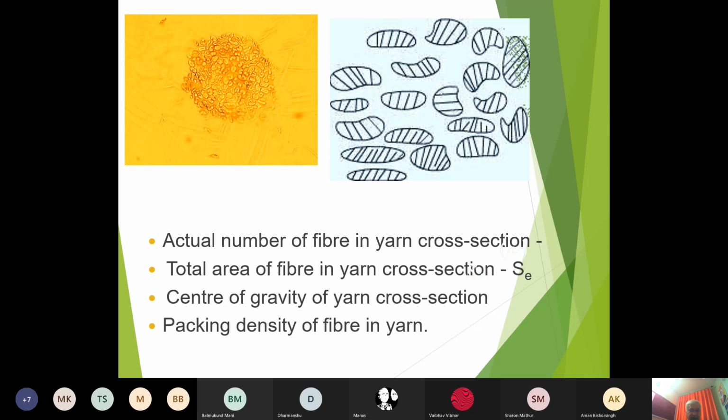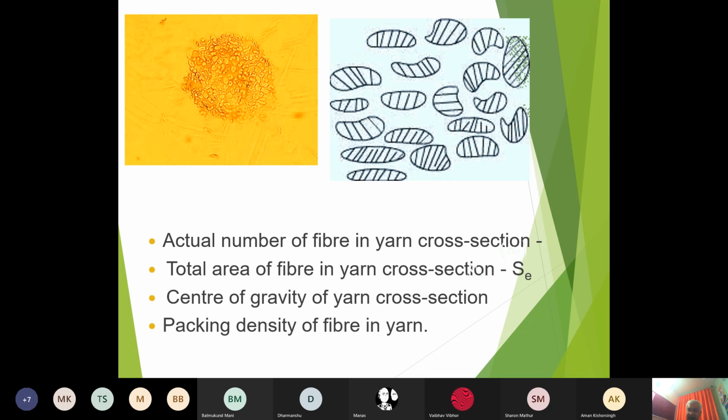There we proposed a new model addressing a good number of parameters deciding it, because the earlier formula had limitations. The number of fibers in the yarn cross section is the packing density of the yarn multiplied by sec beta minus 1, divided by 2 pi f z square, where beta is the helix angle, f is the cross-sectional area of the fiber, and Z is the twist.